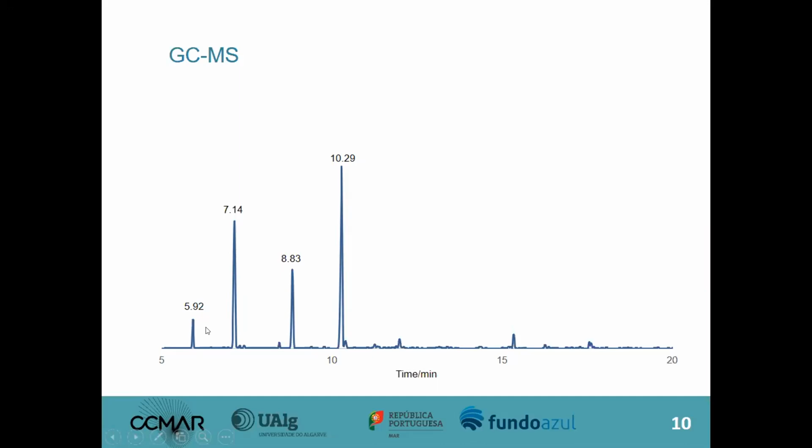The interesting aspect of this kind of information is that you can get a mass spectrum for each of these peaks. Here, you have the mass spectrum of the peak that came out at 5.92 minutes. And with this mass spectrum, you can search in spectral libraries and you can identify the different peaks, okay?